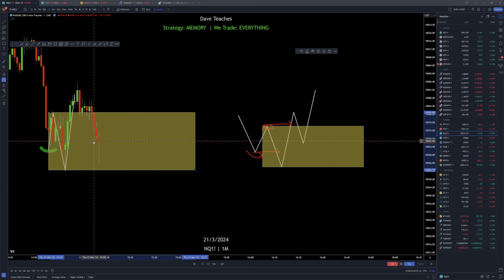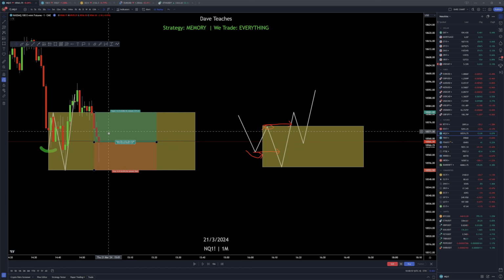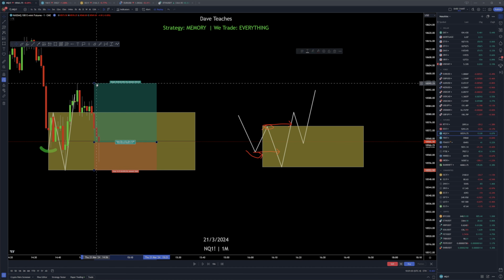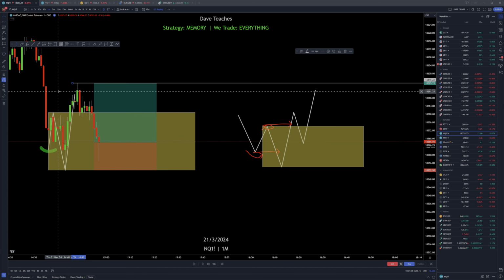So what you're looking at is your entry being here and your stop being below the low. When price trades out of the zone, that's an automatic 1-to-1 for you from tapping in and trading out, right? But you can, as mentioned in previous videos that are now removed, target the high.